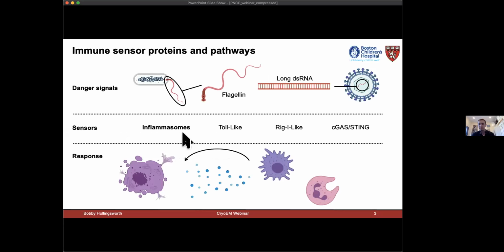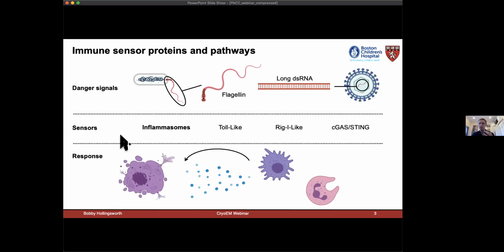Discriminating self from non-self is a fundamental challenge of all life. Complex organisms would not exist without having evolved these germline-encoded sensors with primordial immune functions. And so human innate immunity, and in particular these cellular sentinel pathways, were shaped by an ancient evolutionary arms race against different opportunistic invaders.